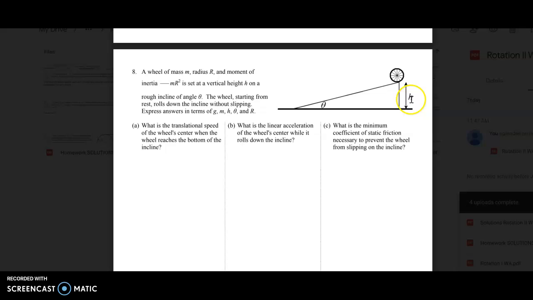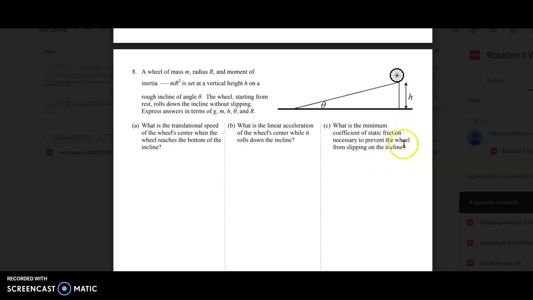You've got to be careful and think about what you need. If I'm reducing gravitational potential energy, then I'm looking at h changing. If I'm looking at how far it actually moves, like displacement or distance traveled, then I'm looking at the hypotenuse. So just be careful of that.